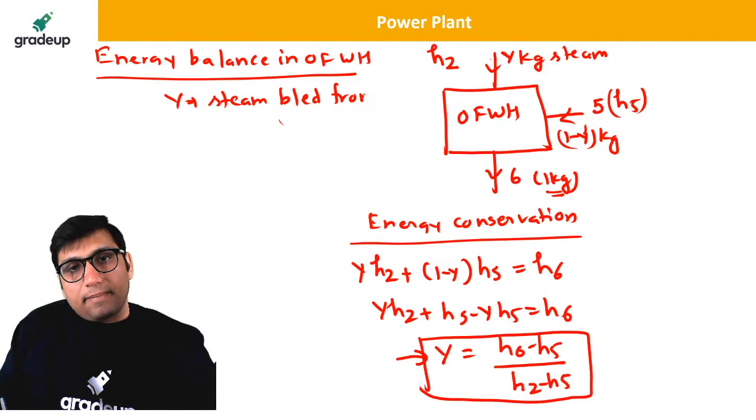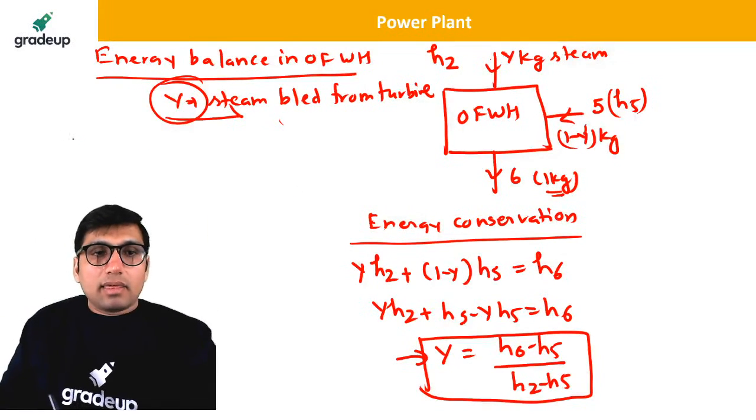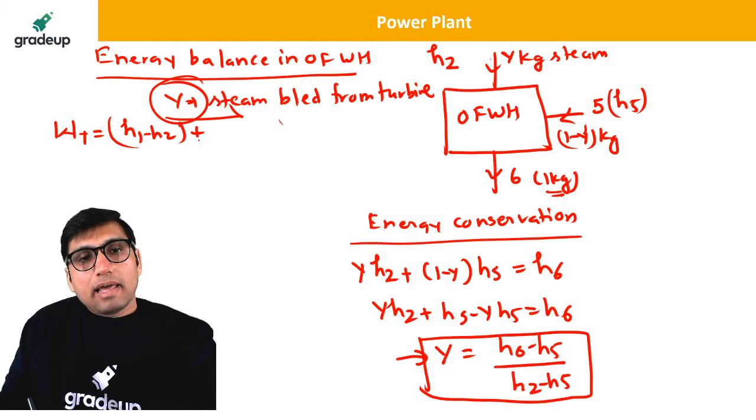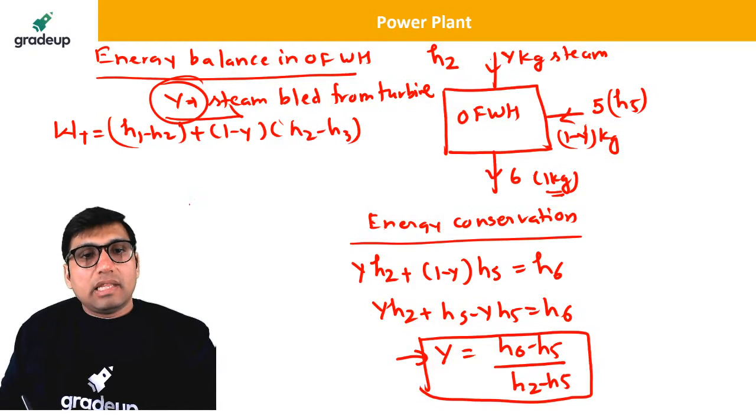So what is the advantage of this steam bled from the turbine? The main advantage is that now, in the regeneration, the turbine work will become (H1 minus H2) plus (1 minus y) times (H2 minus H3). This will become the turbine work.